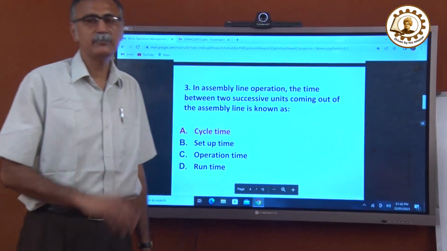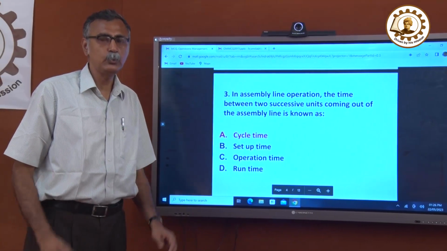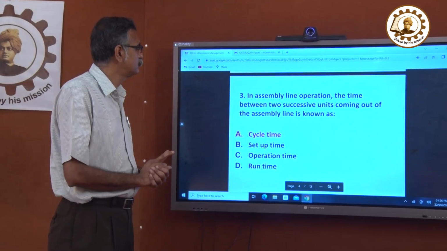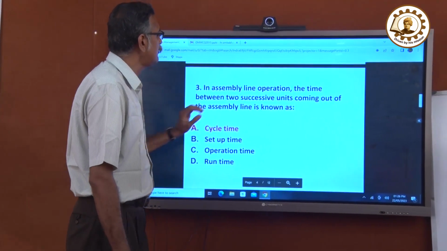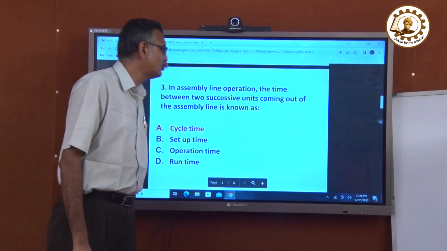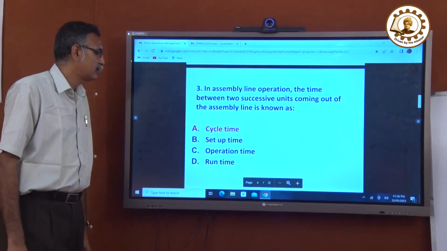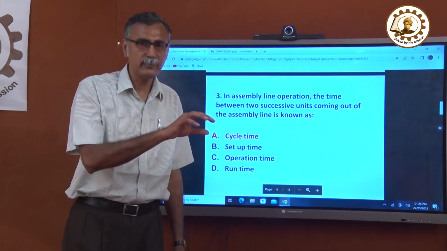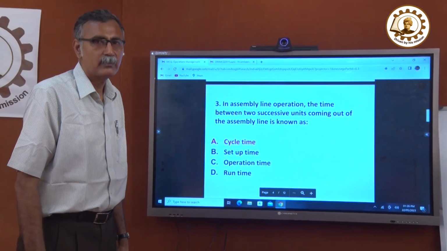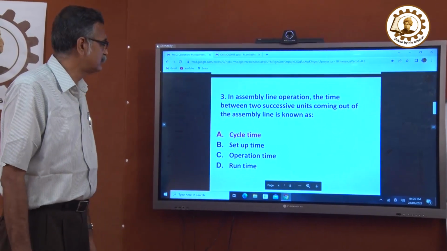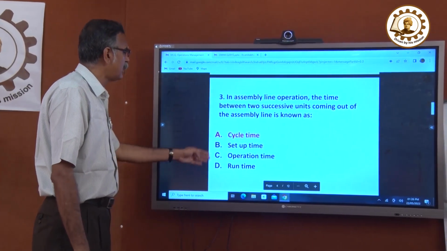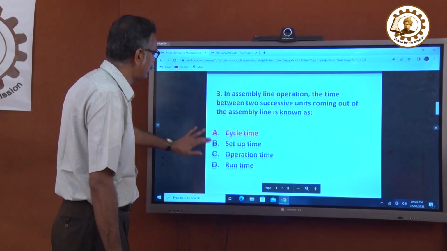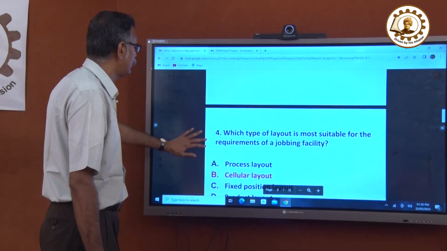One cycle consists of the total production process of one machine. So cycle time is the time between two successive units coming from the same machine or the same assembly line consisting of several machines. Others, like setup, operation or runtime, are not relevant here.